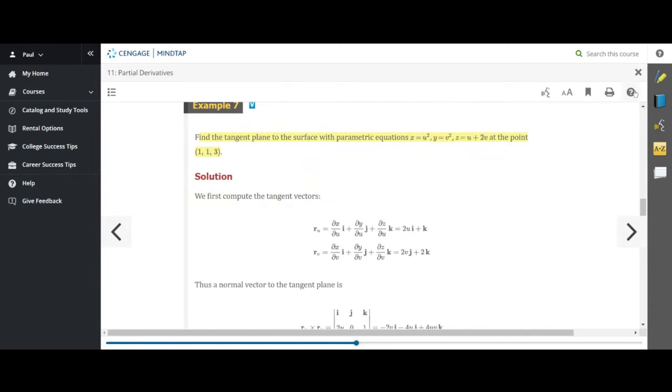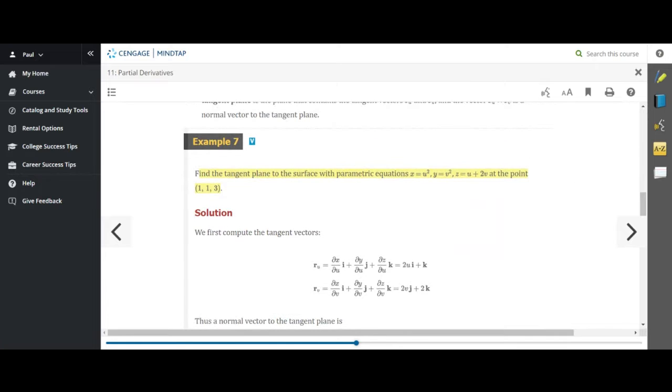Okay, so let's look at an example here. Example 7, they want you to find the tangent plane to the surface with those parametric equations at the point (1, 1, 3). So first of all, if we're at the point (1, 1, 3), what are our values of u and v?